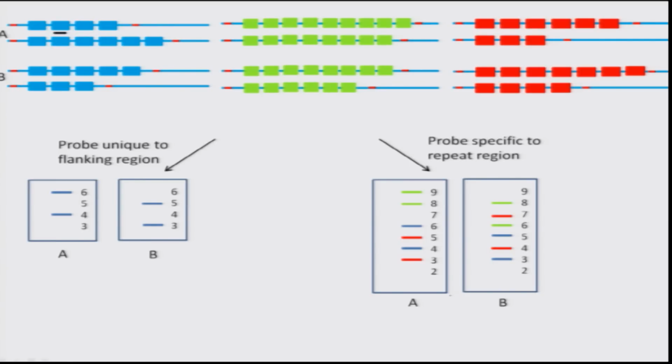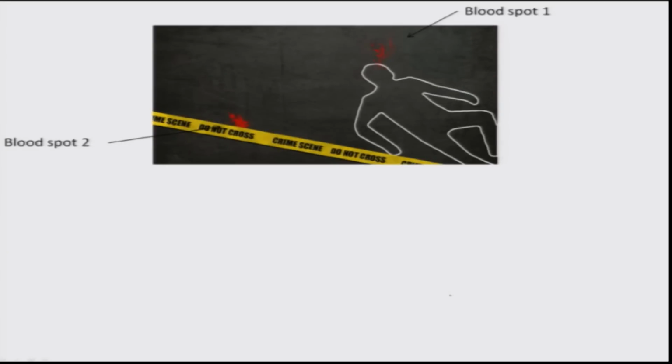And to tell you about the application, let us get into a crime scene. Here you see an individual who has been murdered, and there are 2 blood spots in his surroundings, one near his head and one in close proximity.